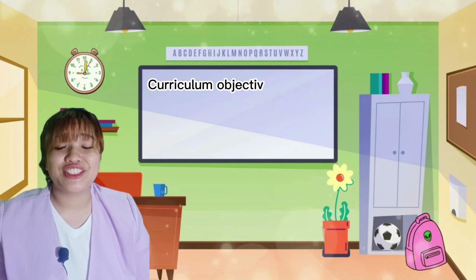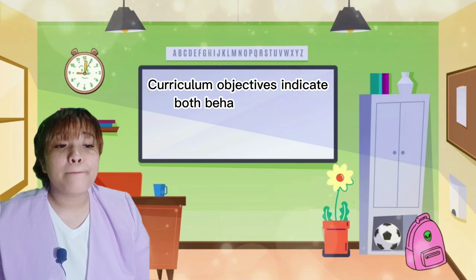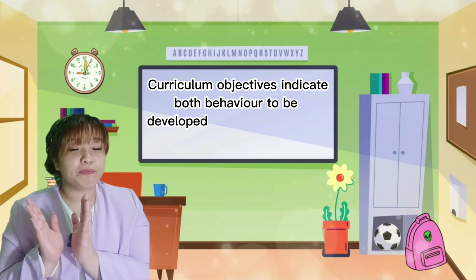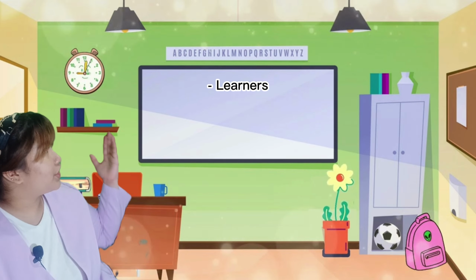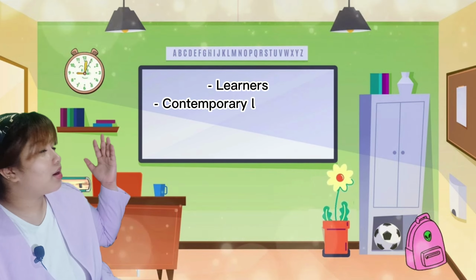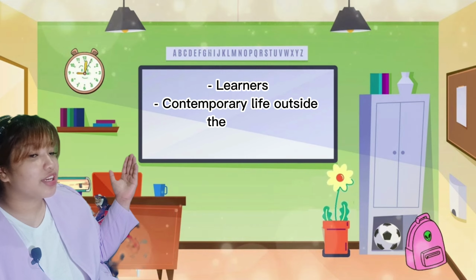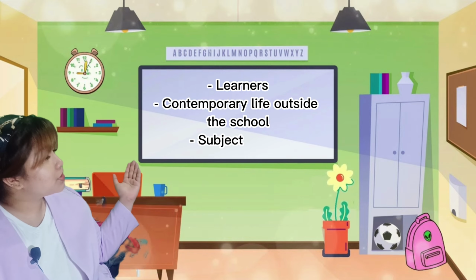Curriculum objectives also indicate both the behavior to be developed and the area of content to be applied. Tyler recommends that curriculum planners identify general objectives by gathering data from 3 sources: the learners, contemporary life outside the school, and the subject matter itself.